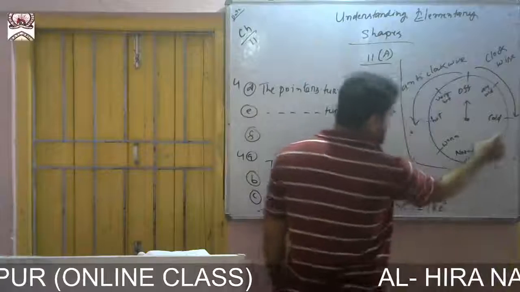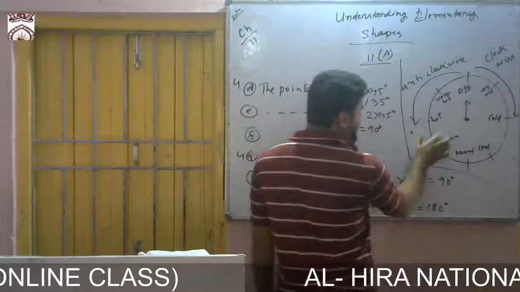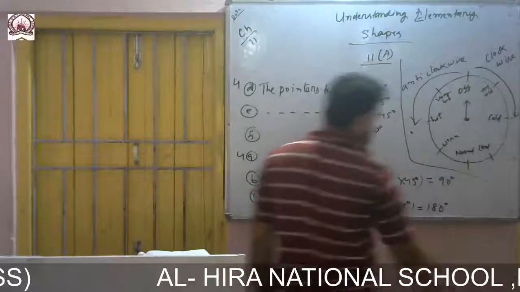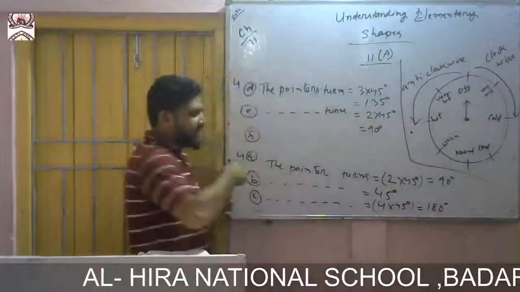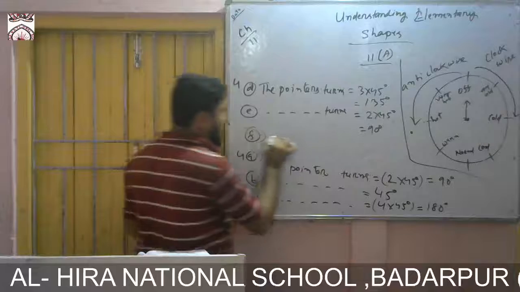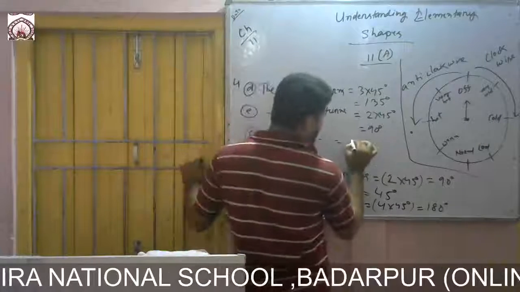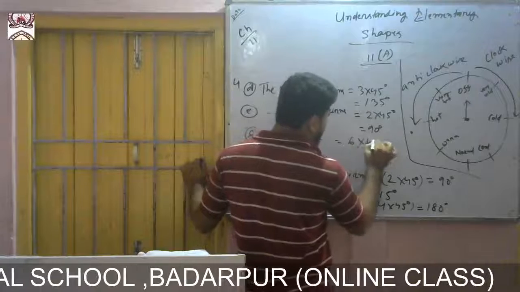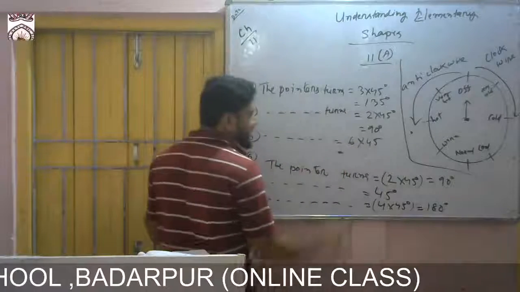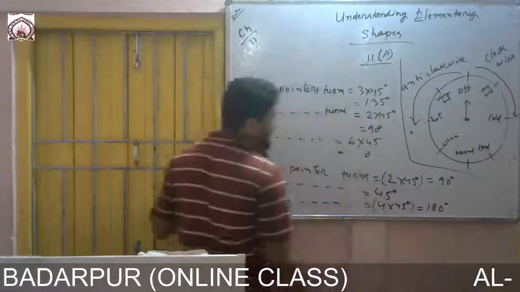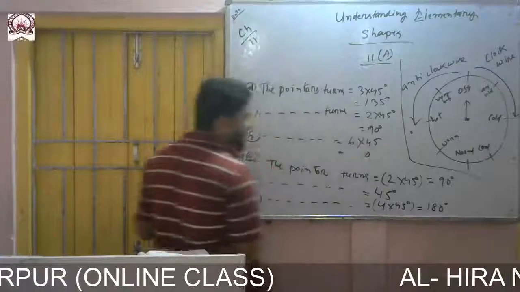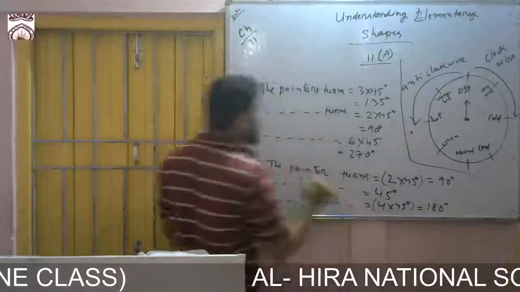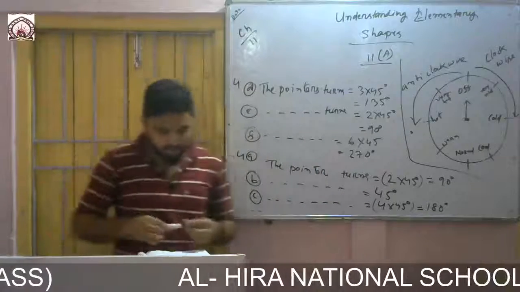Yes, to reach cool from warm, 6 markings. So the pointer turns 6 into 45. 6 fives are 30, 6 fours are 24, 25, 26, 27. 270 degrees. Okay, so that is the answer of question number 4.